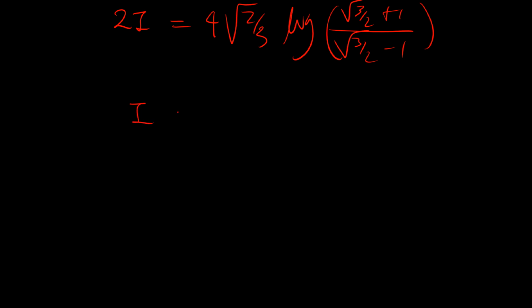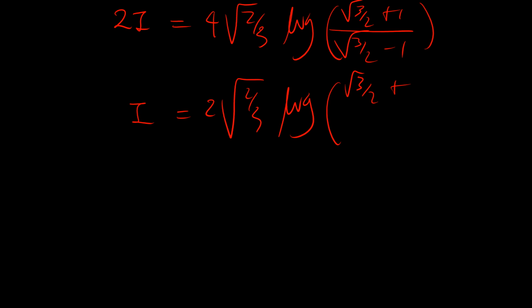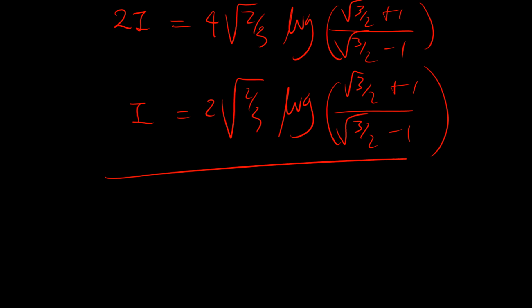And so I is equal to, dividing both sides by 2, natural logarithm of root 3 over 2 plus 1 over square root of root 3 over 2 minus 1. And that's the answer.